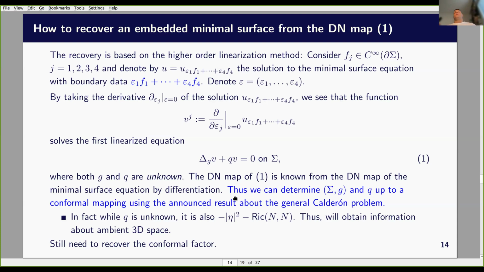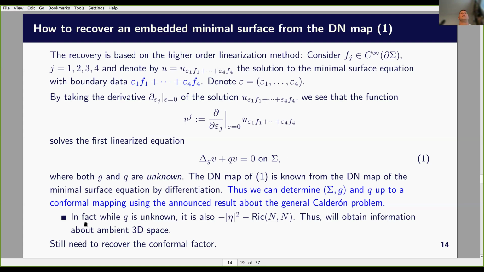Okay, so the other result which I gave you today was that we can recover a Riemannian surface and a potential q up to a conformal mapping from the DN map. So since we know the DN map of the linearized equation, we know g and q up to a conformal mapping.